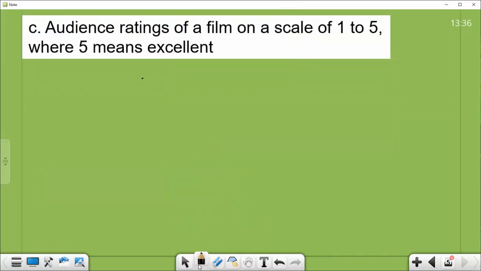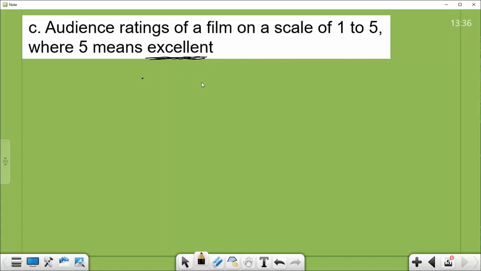All right, this one can be confusing for most people. Audience ratings of a film on a scale 1 to 5, where 5 means excellent. The thing that throws people off is that we're assigning numbers to a quality, right? We think, hey, that's a great film. So instead of saying it's excellent or good or very good or bad or really bad, we're assigning numbers to those.